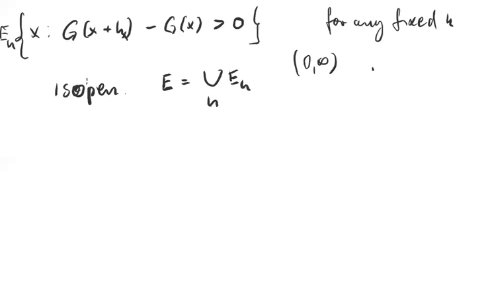In the first paragraph of the proof, they say if a_k, b_k denote the finite intervals in the decomposition, then a_k is not in E. Correct. So why is it not in E? Because it's an open interval, right? The endpoints of an open interval don't belong to the open interval.